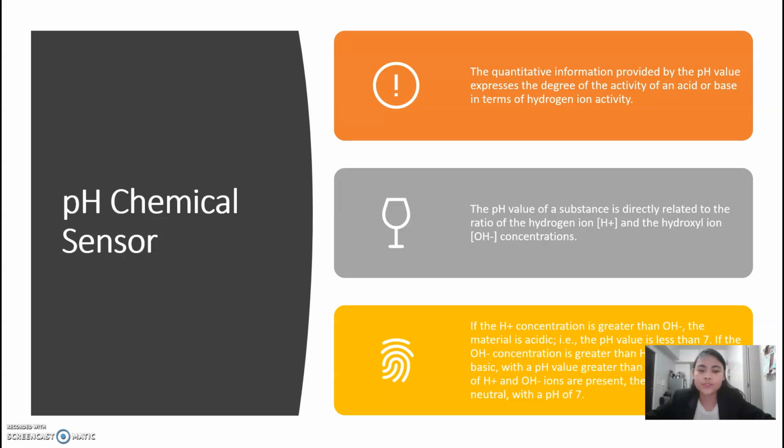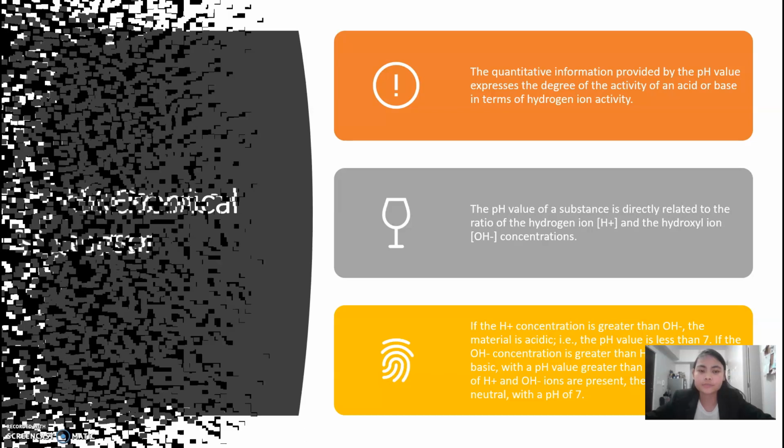If the OH- concentration is greater than H+, the material is basic, with a pH value greater than 7. If equal amounts of H+ and OH- ions are present, the material is neutral with a pH of 7.